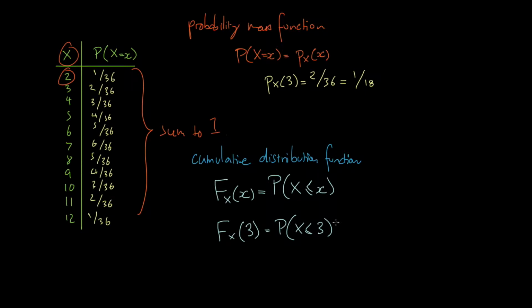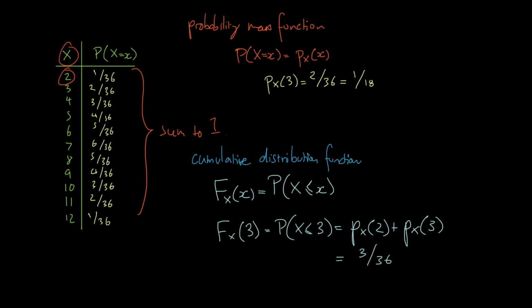So the probability that X is less than or equal to 3 is just going to be the probability that it's equal to 2 plus the probability that it's equal to 3. And we've already got a useful little bit of notation to describe that. So we could just write the probability mass function evaluated at 2 plus the probability mass function evaluated at 3, which is just going to be 1 on 36 plus 2 on 36 gives us 3 on 36.